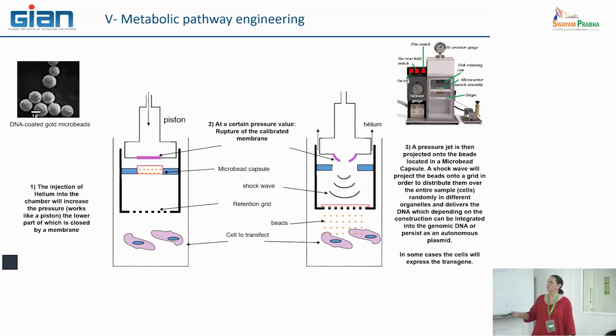Above this compartment, you have another one that is separated from this one not by a plain wall, but by a grid with small holes. And in the upper part of this second compartment, you have a small plate in which you have your beads with DNA. And at the end here, you have a piston.